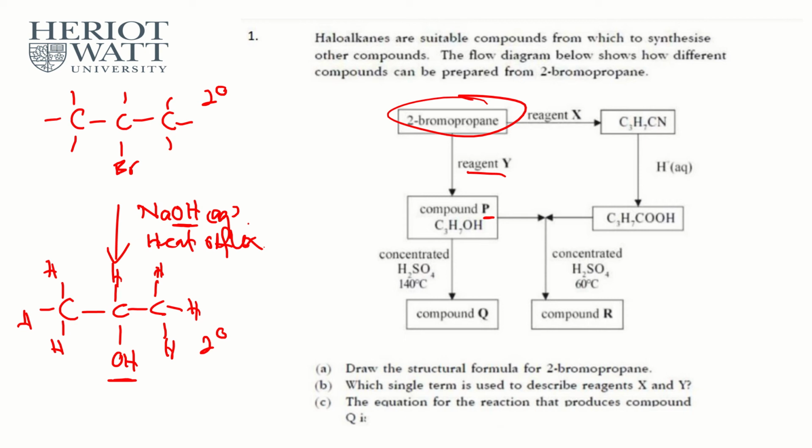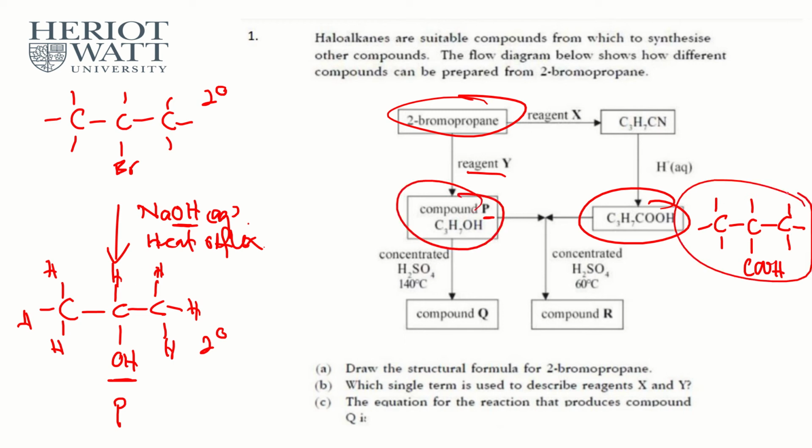All right. So compound P is actually a secondary alcohol, and this one just now is a 2-methyl propanoic acid, as we have deduced, right? So what happens when compound P reacts with this carboxylic acid?